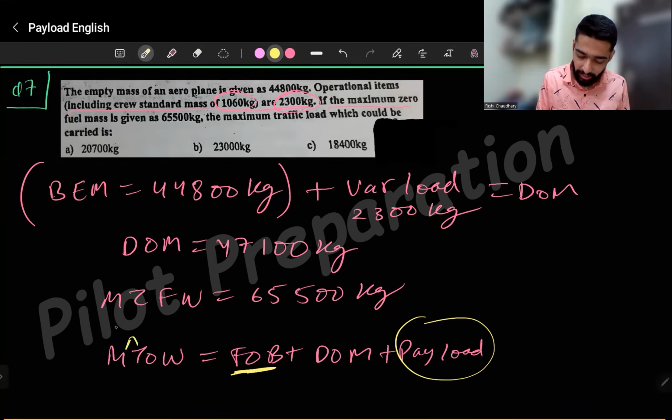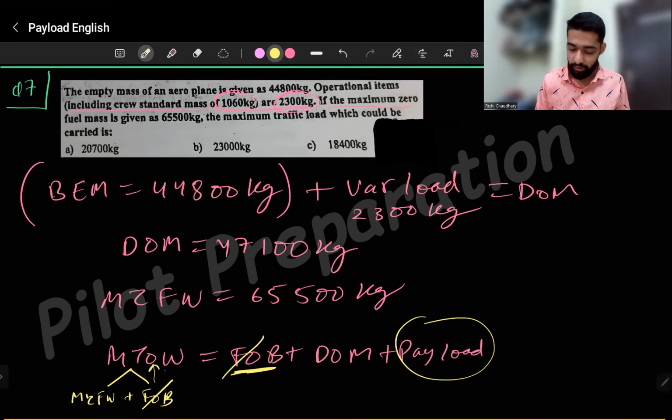But MZFW is very useful here because MZFW plus FOB is equal to MTOW. But FOB gets cancelled here. So I can say MZFW equals DOM plus payload.